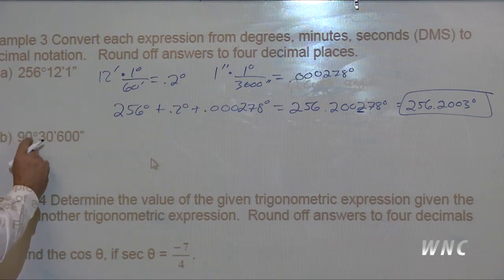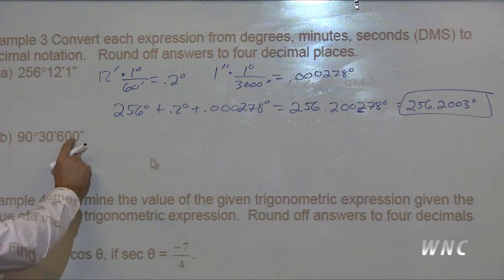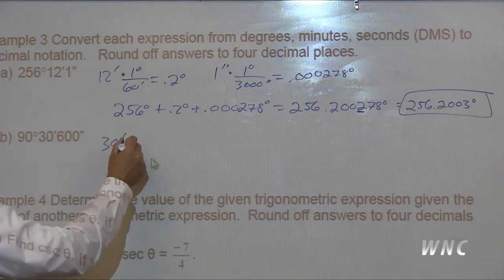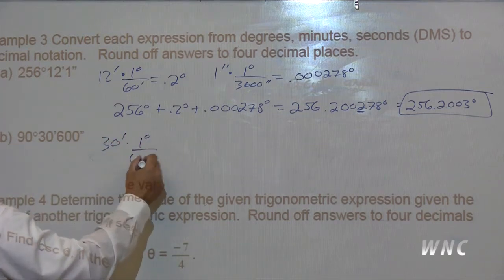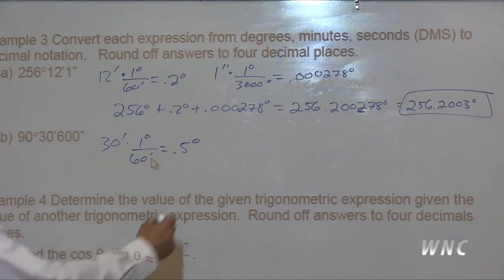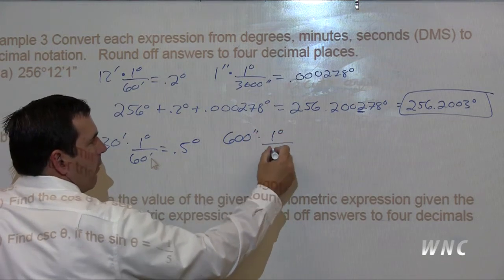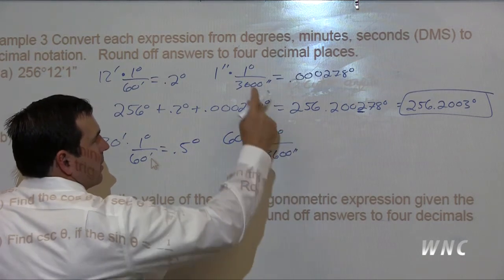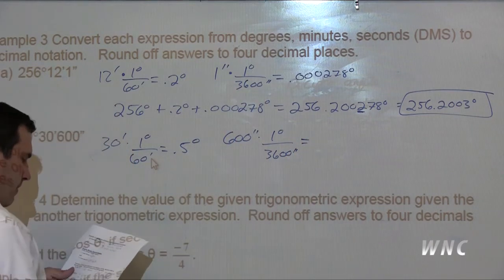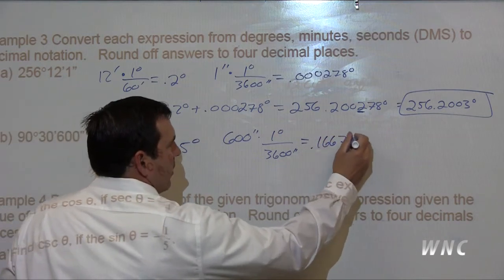Now we have 90 degrees, 30 minutes, 600 seconds. So we'll look at 30 minutes times 1 degree for every 60 minutes. That's 0.5 degrees. Then we have 600 seconds times 1 degree over 3,600 seconds, and that comes out to be 0.1667 degrees.